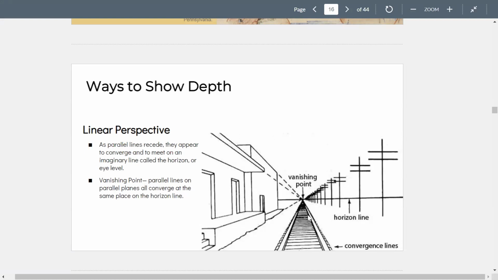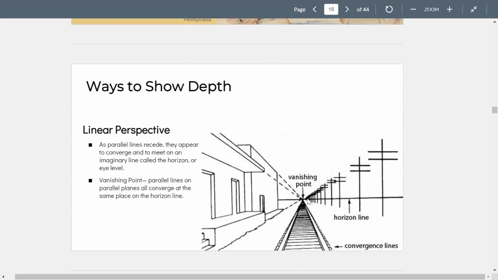So when you are doing these drawings, this is a very important thing: you have to draw the horizon line. The horizon line is where your eye level is, where you're looking. So the vanishing point always lies on this horizon line.